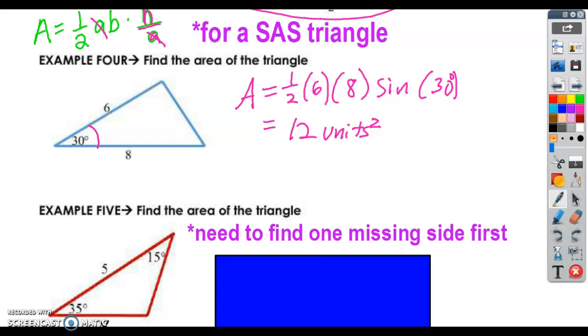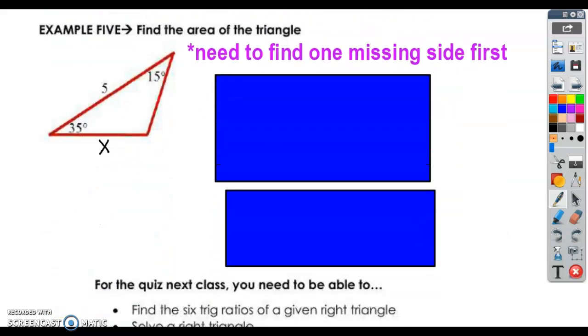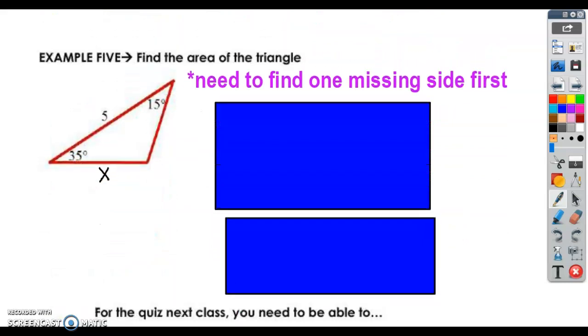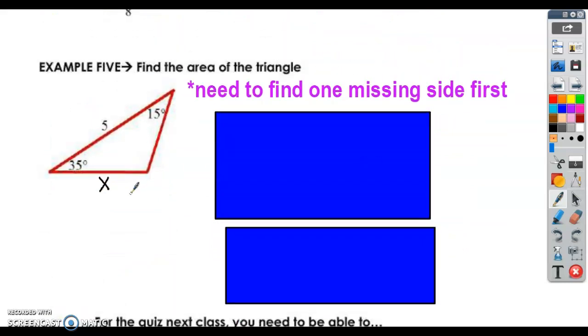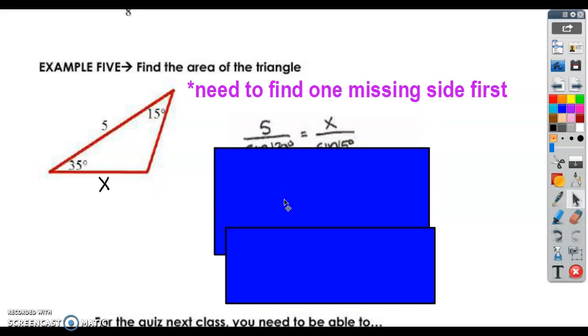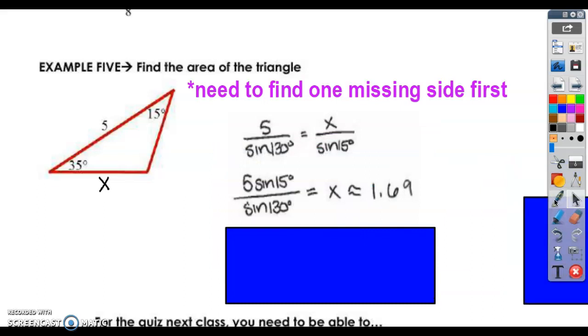All right. So if you don't get a SAS triangle, you've got to get a SAS triangle first before you can do the problem. So for this one here, the first thing I need to do is find a missing side. So I'm going to use what we have learned earlier in this chapter, the law of sines, so that I can go ahead and find the measure of this side.